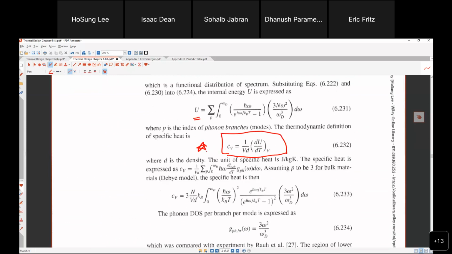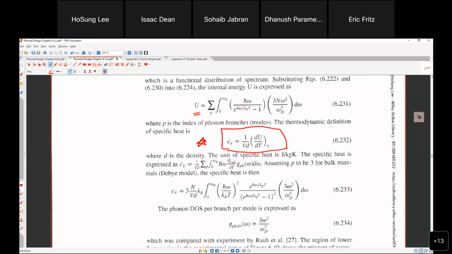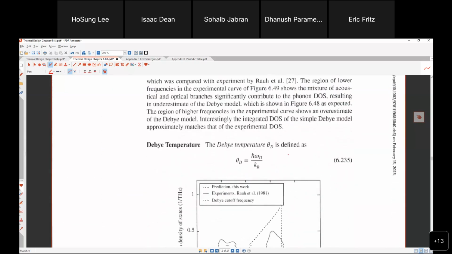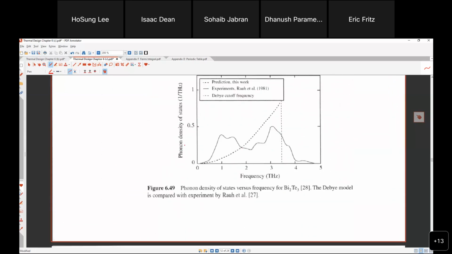So we're able to define specific heat and express it, and then there's some measurement of the phonon density of state and frequency, prediction and measurement, and the prediction and the Debye cutoff frequency.